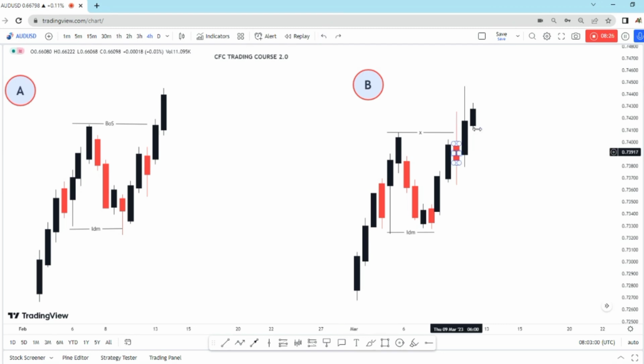And you can see the next following candle too couldn't break the high of this red candle and close above it. Assuming this next candle also closed above here like this, then we would have a valid break of structure. Why? Because the power that is in the red candle here has been transferred to the black candle. All right, so hence this will be our valid break of structure.